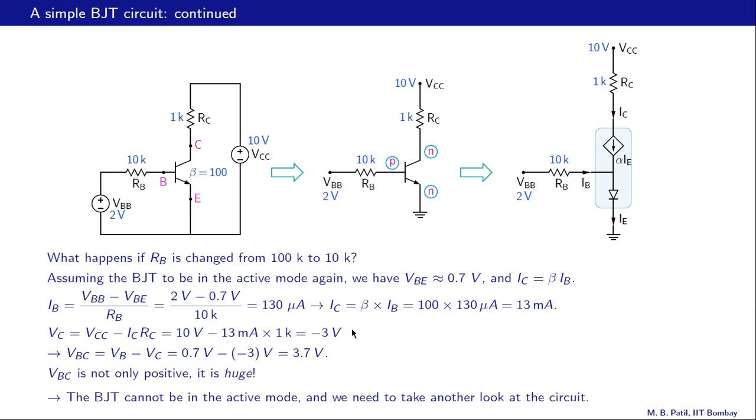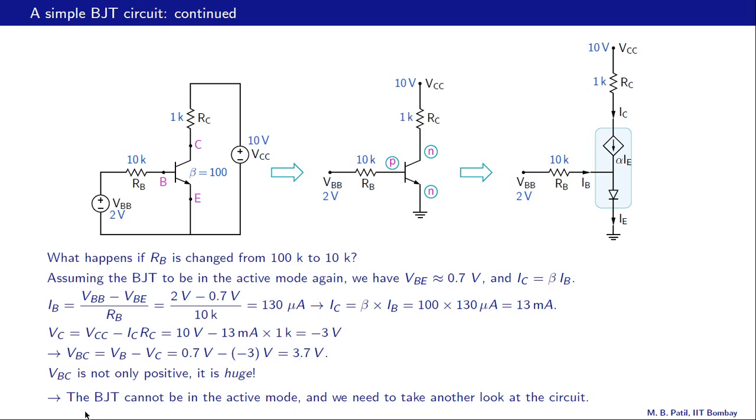So something is definitely not right. VBC is, first of all, positive and it is huge. No diode is going to tolerate that kind of large voltage, because the current would just be hundreds of amperes, and that's not possible. So the solution we have got is not correct.